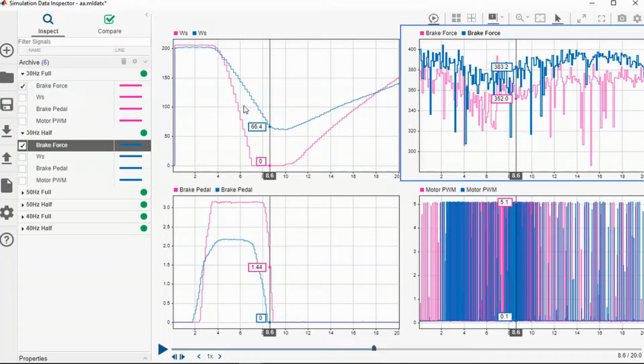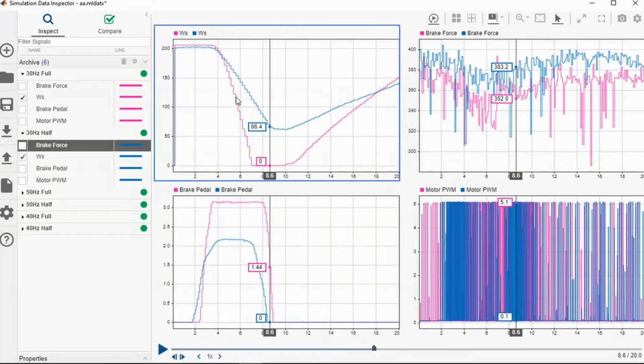Because of that, the response time will be higher, so the gradient will be steeper. The full press will be steeper than the half press.